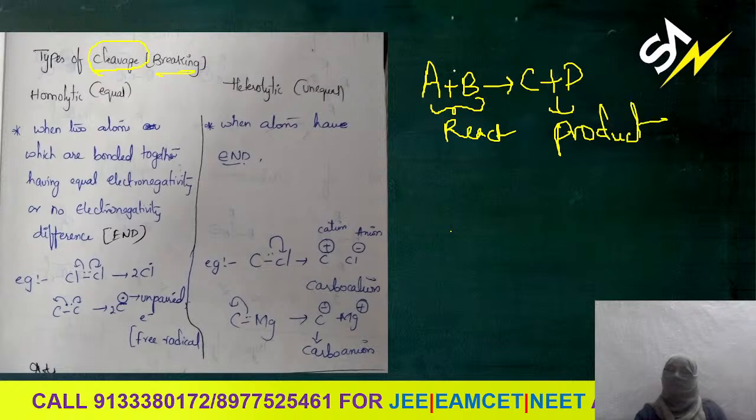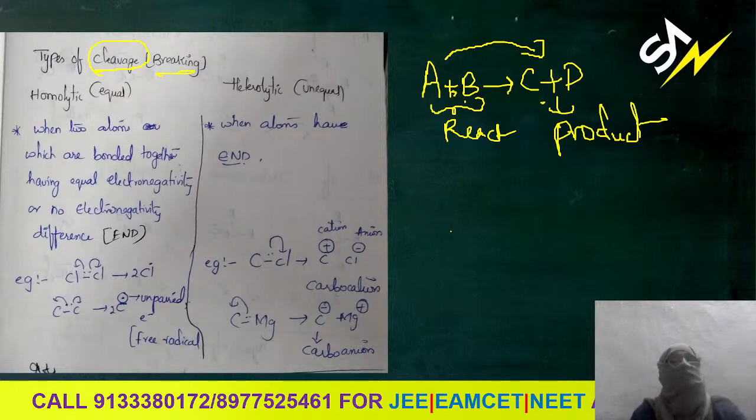You can see that one chemical is changed into another chemical. Whenever that happens, definitely the reactants will break their bonds, and obviously cleavage will occur. Bond breaking will occur, and whenever they form the product, bond formation will occur.